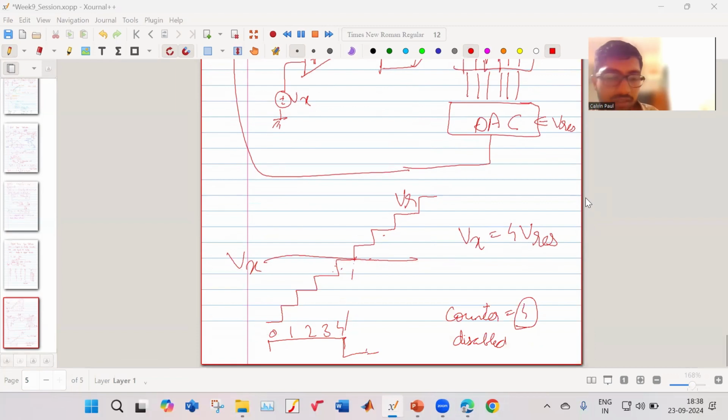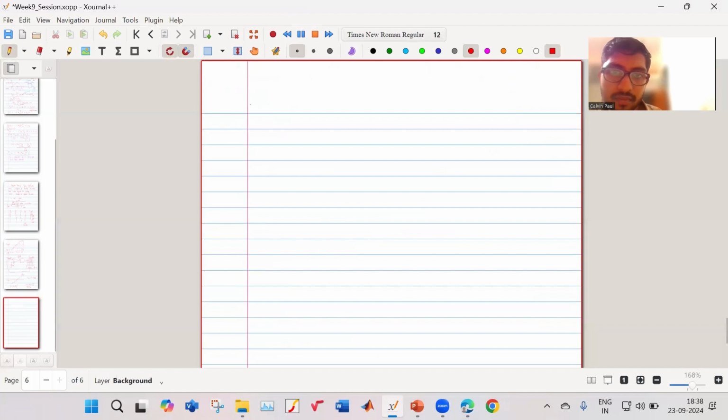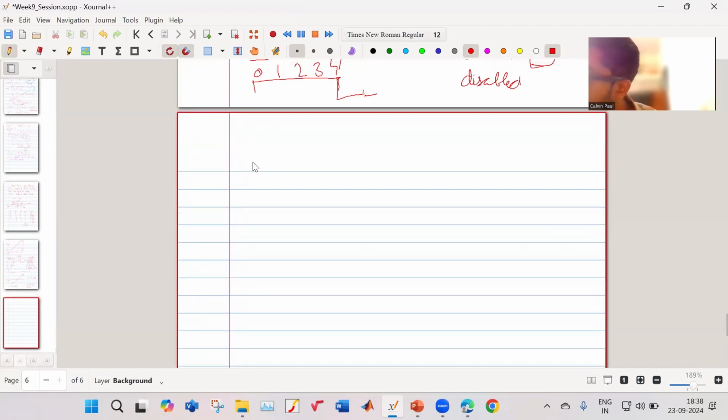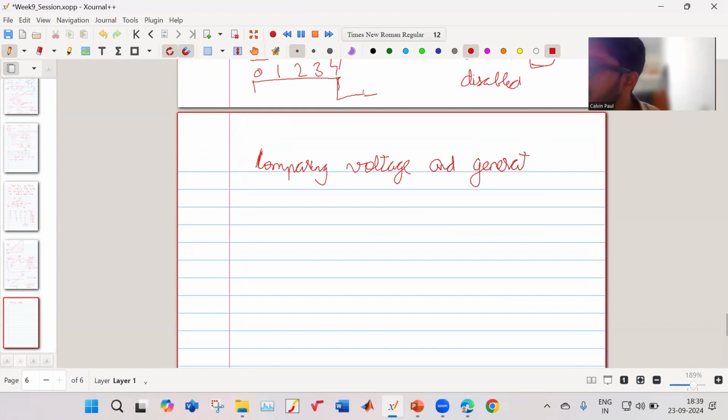Let us go to the next page. So basically, this is comparing voltage and generating some counter value.